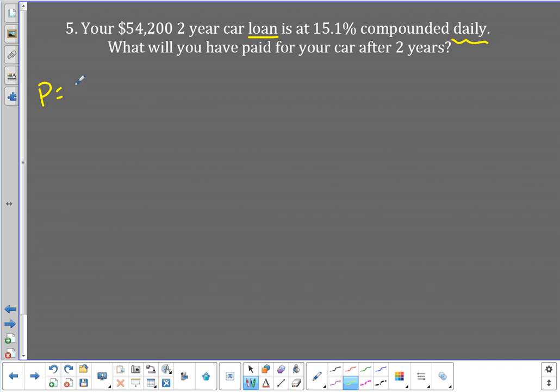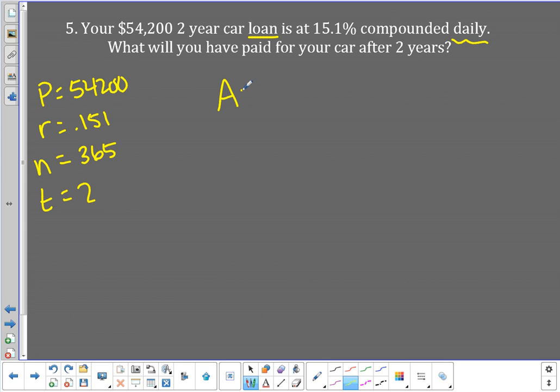That's no fun. So 54,200 is my principal. My interest rate is 0.151. That's a very high interest rate for a car loan, just so you know, FYI. Compounded daily, wow, daily, 365. And then time, 2 years.